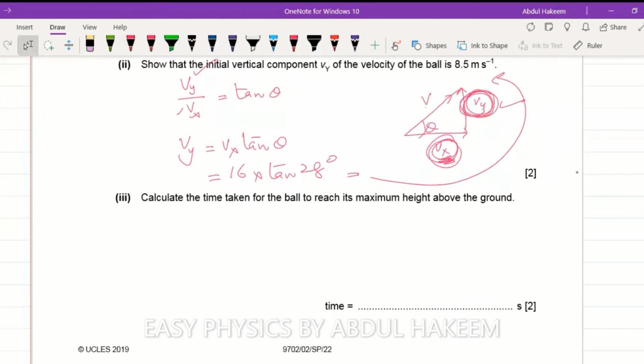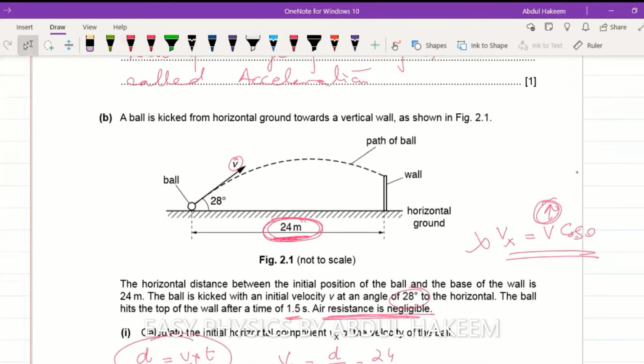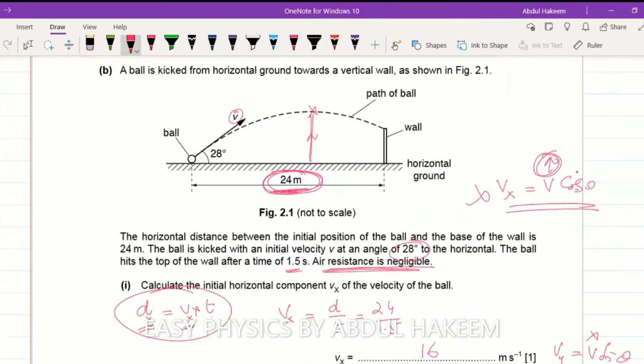Next, calculate the time taken for the ball to reach its maximum height above the ground. So the maximum height is this. And the vertical height is covered due to the vertical velocity. Horizontal distance is covered due to horizontal velocity, and the vertical distance, meaning the height, is covered due to the vertical component of velocity, but the vertical component of velocity is not constant.